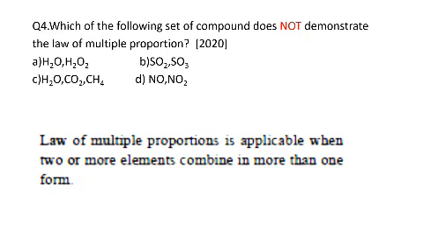In B, sulfur is in the same proportion and the oxygen proportion varies. But in option C, if we see carefully, no element is in a fixed amount and the combination does not vary. That's why option C is the correct answer.